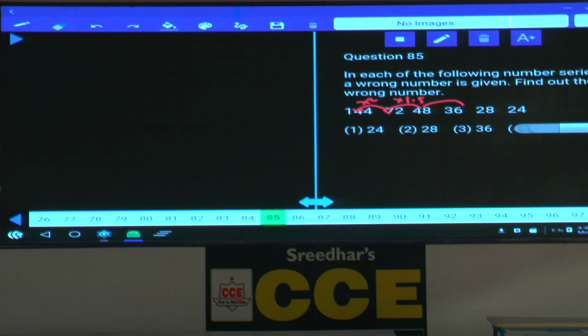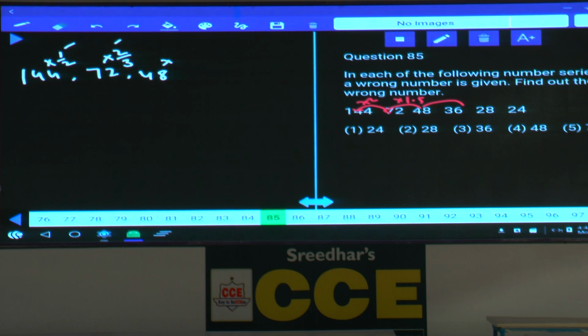And 36 and 1 by 3, isn't it? That means the given numbers can be written as 144 into 1 by 2 is 72. 72 into 2 by 3. What is 72 into 2 by 3? 72 by 3 is 24 into 2, 48.